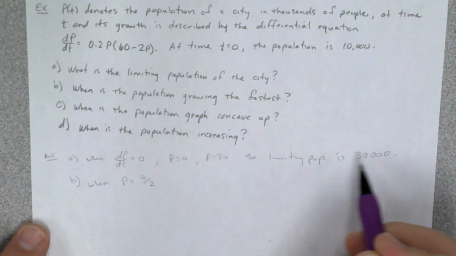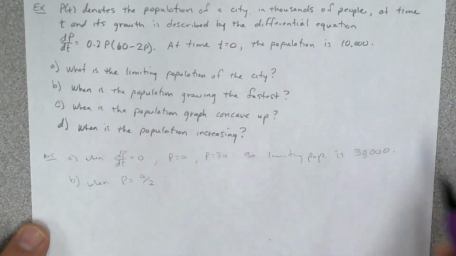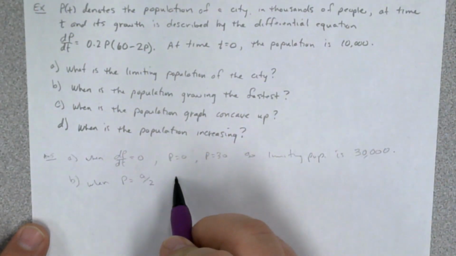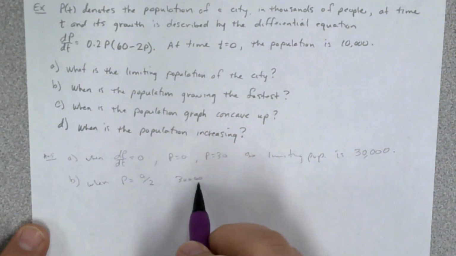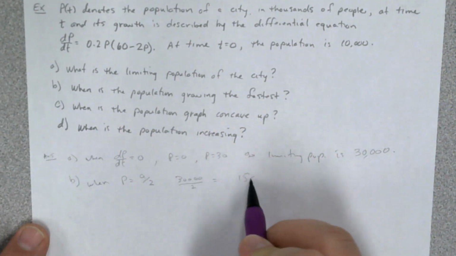A is the 30,000, so this is going to be when P is 30,000 divided by 2, or 15,000 people.